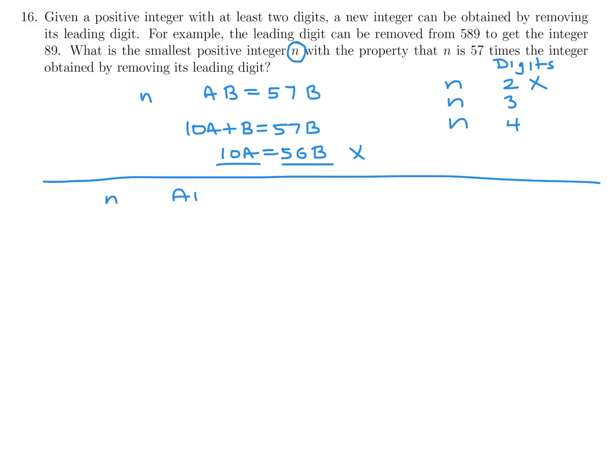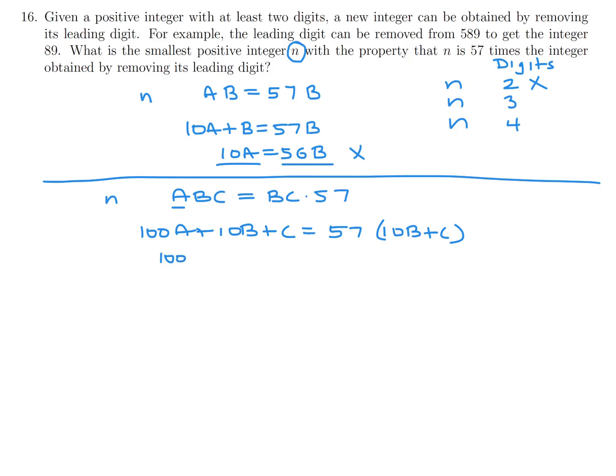So that'll be ABC. And then if we drop the A, it'll be BC, and then it's going to be times 57. Okay, expanding this, so this is 100A plus 10B plus C is 57 times 10B plus C. All right, let's see what we get.